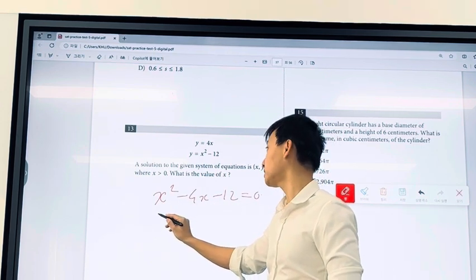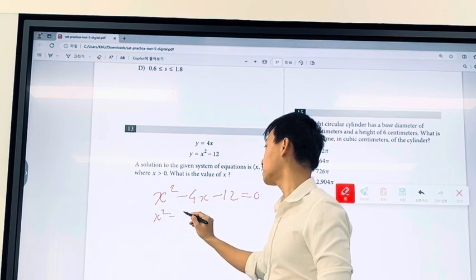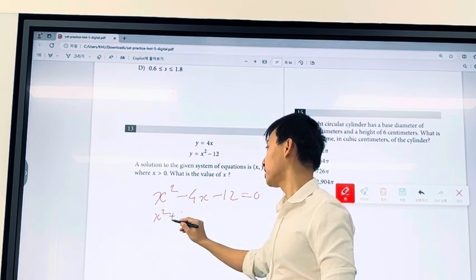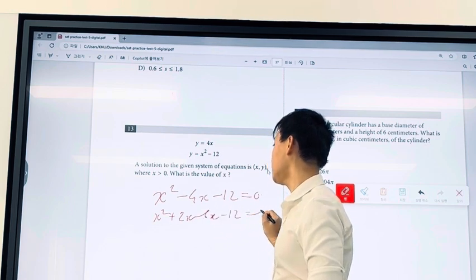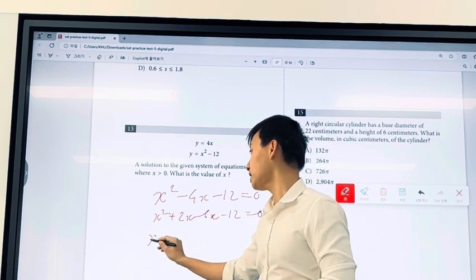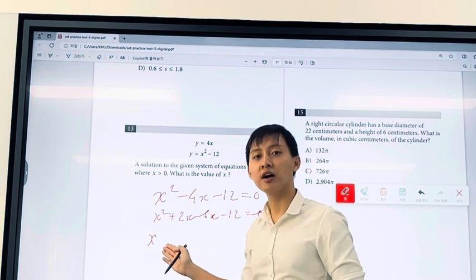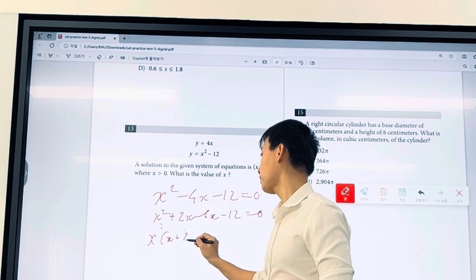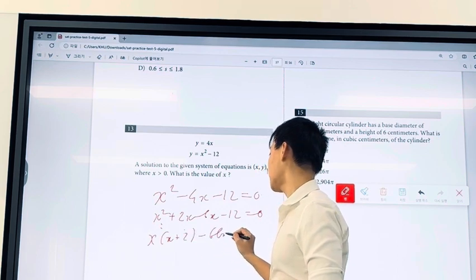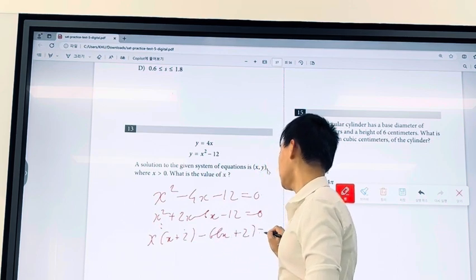x squared minus 4x minus 12 equal to 0. I factor it out, it's going to be x squared plus 2x minus 6x minus 12 equals 0, right? Next, I find the common factor between x squared and 2x. It's going to be x times x plus 2, minus 6 times x plus 2, equal to 0.